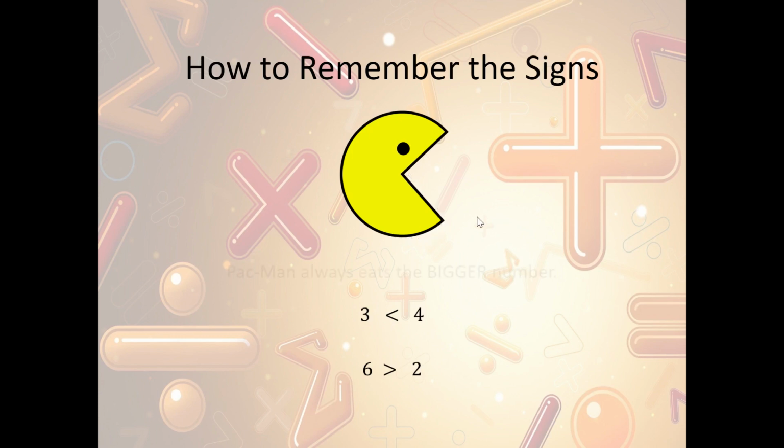Pac-Man's rule is Pac-Man always eats the bigger number. If you notice, Pac-Man's mouth forms that arrow shape that we just talked about. So it forms the symbol. So if Pac-Man is always eating the bigger number, then we can recognize the way that we can state the symbols.